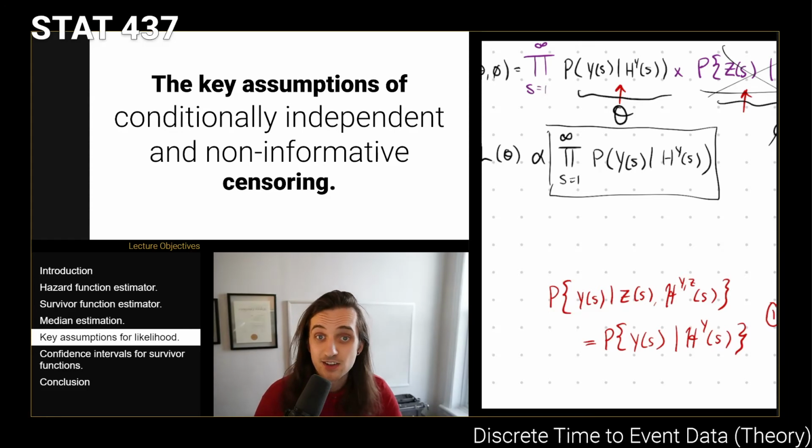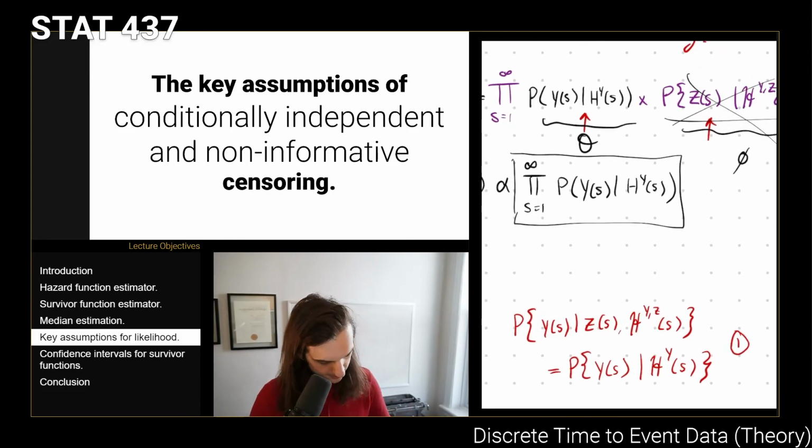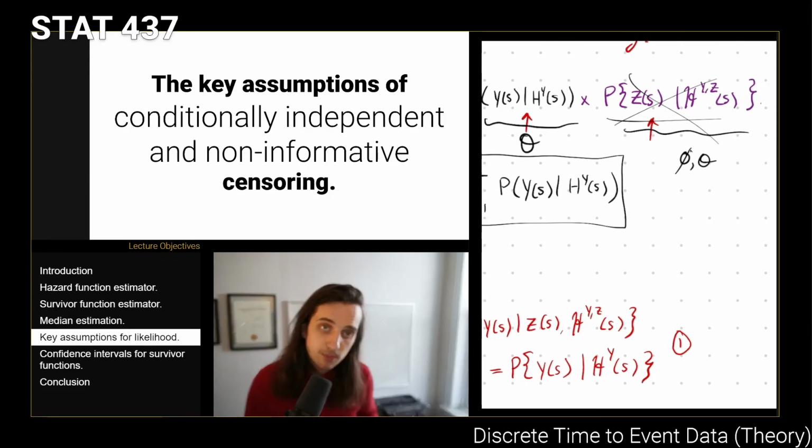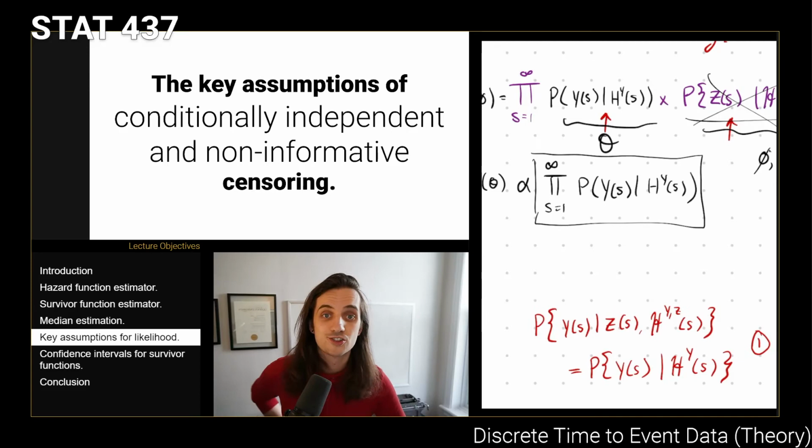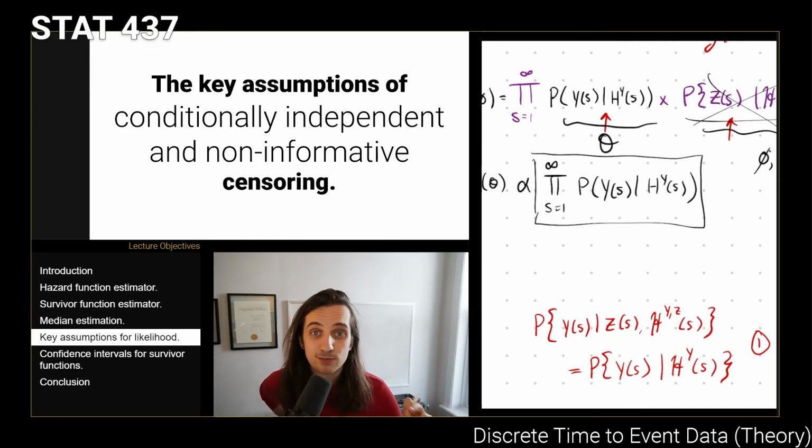Now, if it's not the case, it's still technically true that our likelihood is proportional here. The problem is that if the second term depends on both phi and theta, for instance, then there's information about theta in it. We're not going to find that it's biased if we just use this squared-off version, but we are going to lose efficiency.